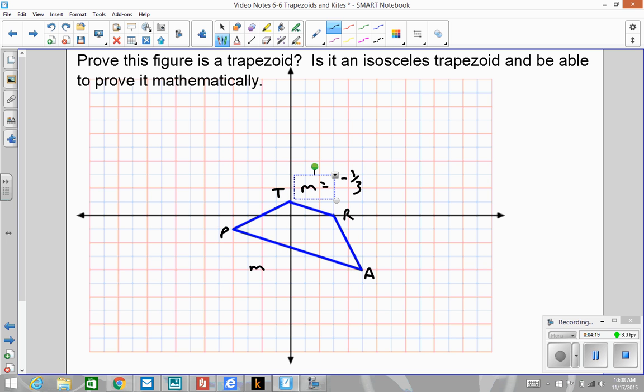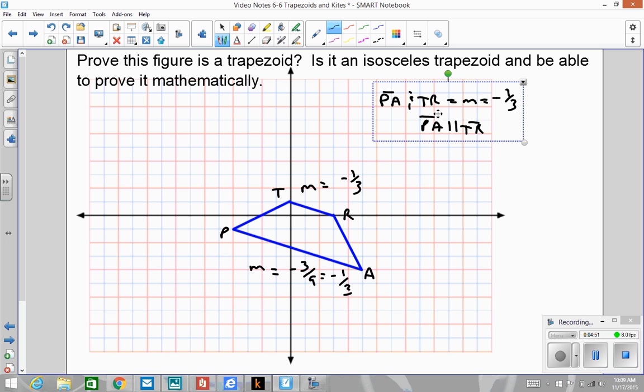The slope for PA is 3 down and 9 to the right, which is -1/3. So PA and TR have a slope equal to -1/3. That means they're parallel.